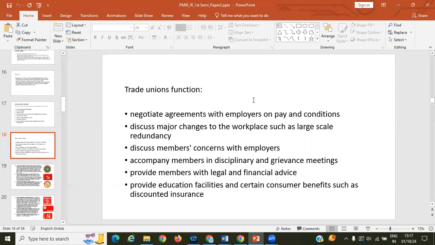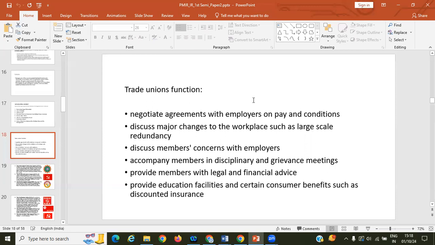So the union is going to support and help both morally and mentally, and they are going to stand with you and accompany you through the process, what you are going to do. In case of disciplinary action or a grievance meeting, suppose you have a complaint and you are not satisfied, there is a meeting with the grievance committee. The union is going to support the members.